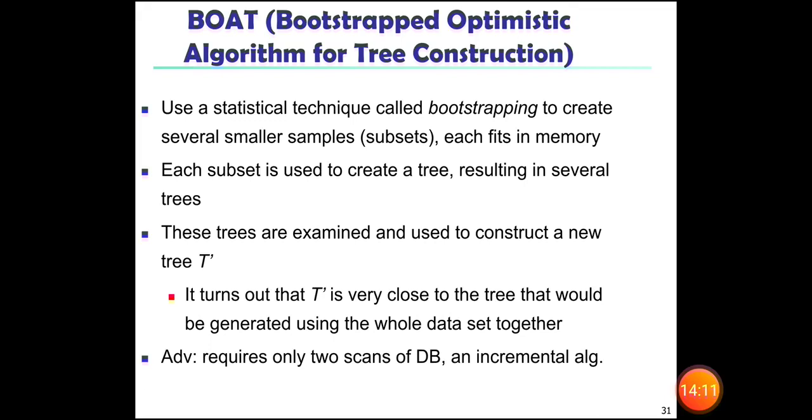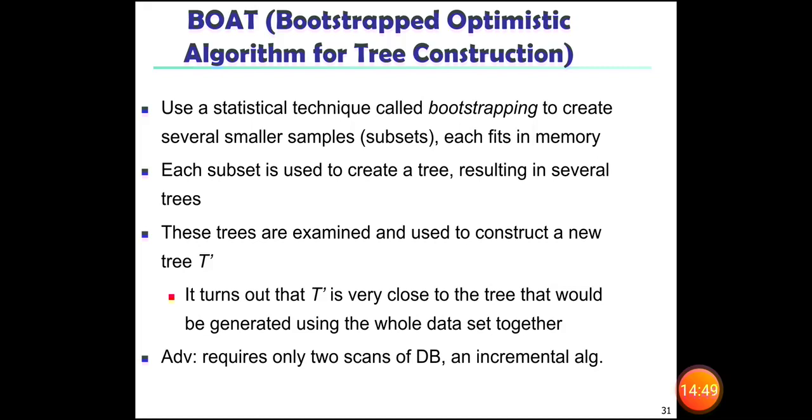So when we have a training data set, it can be divided into a number of subsets, and from each and every subset we will create a tree. When we have more subsets, we will have more trees, and obviously we will get more results also. These trees are examined and used to construct a new tree T. It turns out that T is very close to the tree that would be generated using the whole data set together.